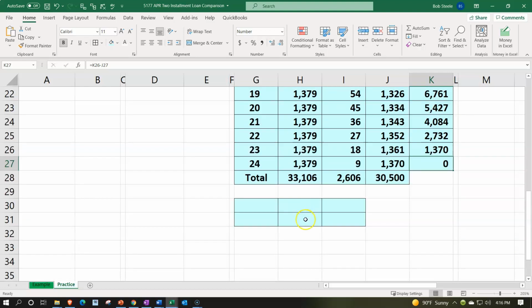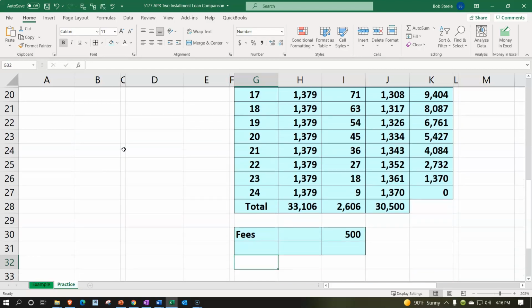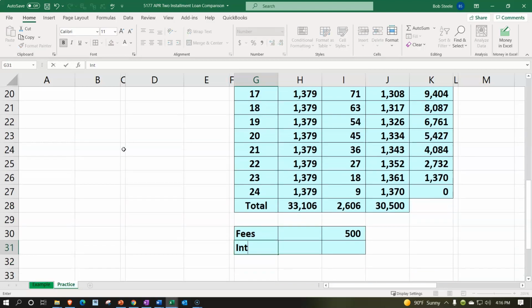So if I was to sum up the interest, we got that 2606, and then we had the added amount of the fees, which was the 500 right there. And so that's going to give us then the interest and fees, which would be equal to the 2606 plus the 500. So there's a 3106.